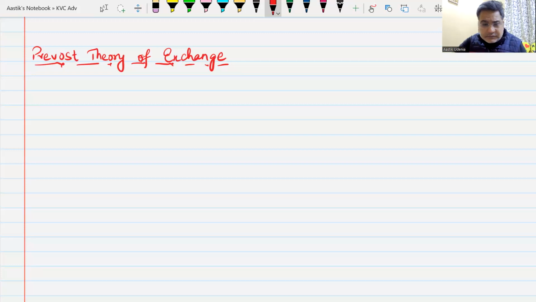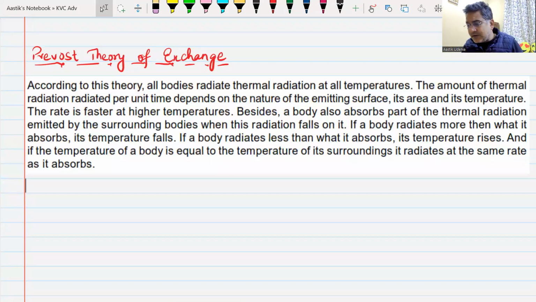Now, in short, we have already seen in the properties of thermal radiations that all bodies, no matter what their temperature is, because absolute zero temperature is not possible, so the temperature of any body is obviously more than 0 Kelvin. So all bodies are going to radiate or emit thermal radiations at all temperatures. Do we understand this?